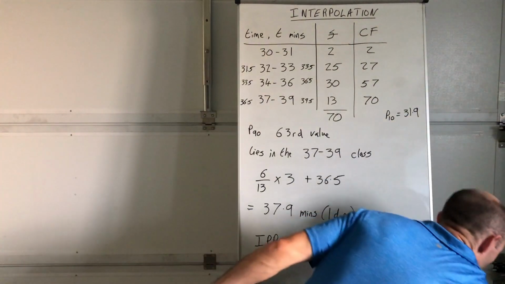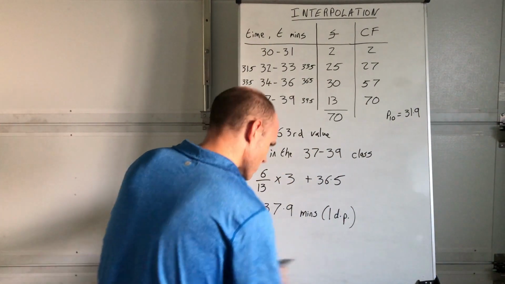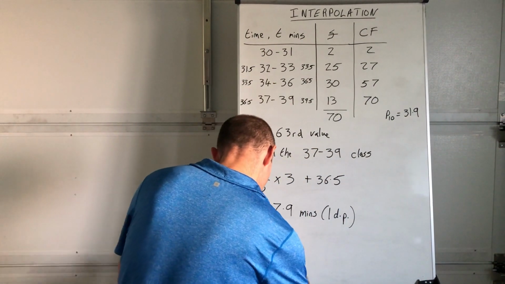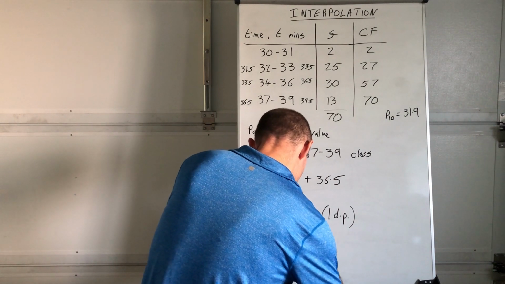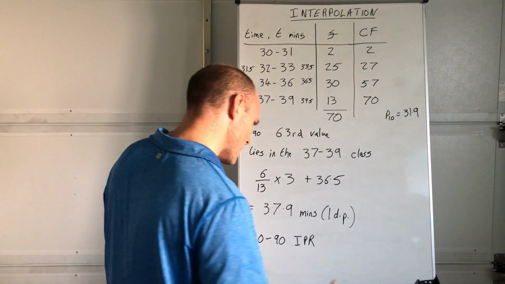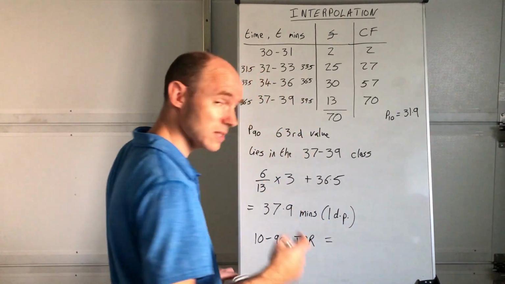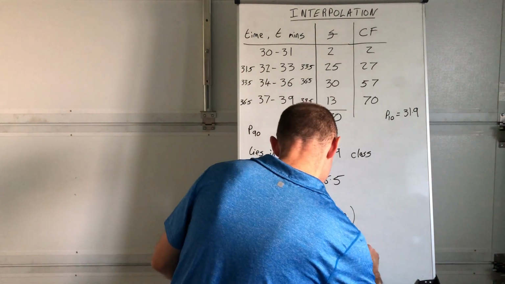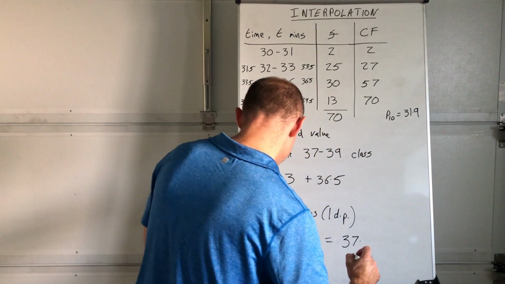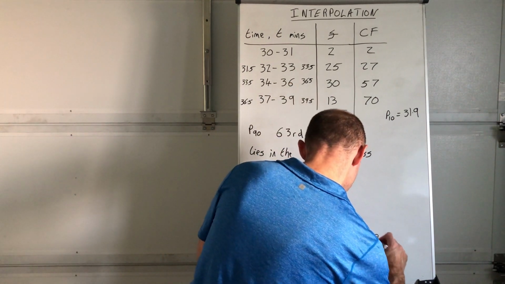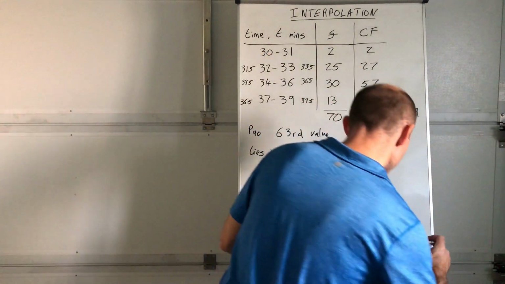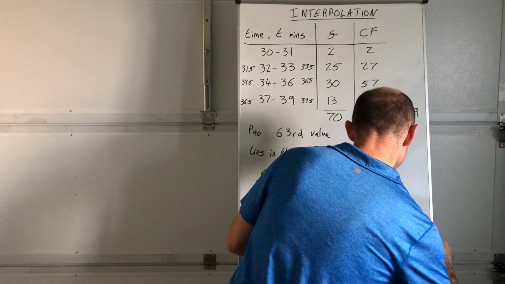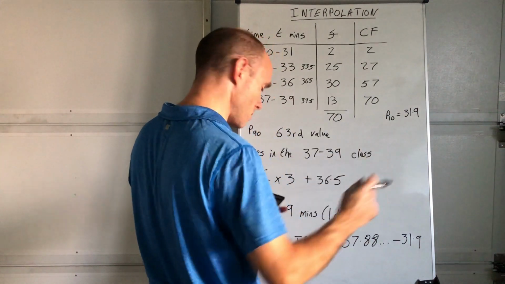So I want to write that a bit better. We'll write that as 10 to 90 percentile range, for IPR, interpercentile range, and it's quite simple. Just as with the interquartile range, you do the larger value, so it's 37 point whatever that was, 37.88 something. Notice again with the exact values, always a good idea. Be in the habit of using exact values where possible, and that was an exact value if I remember rightly, 31.9.